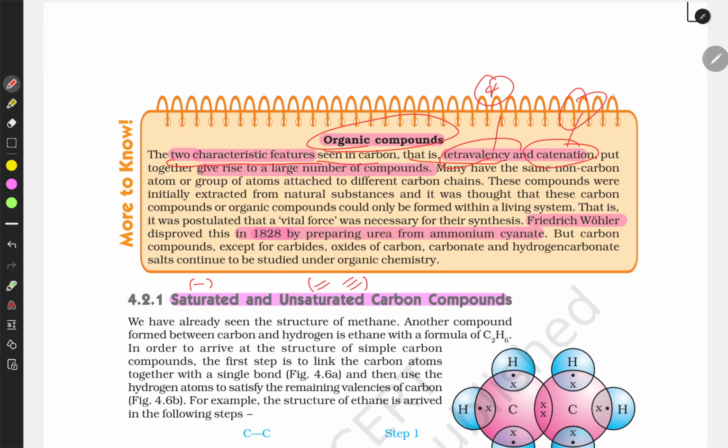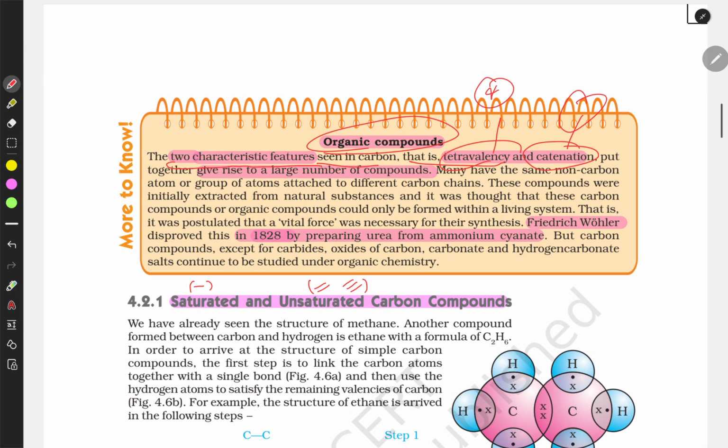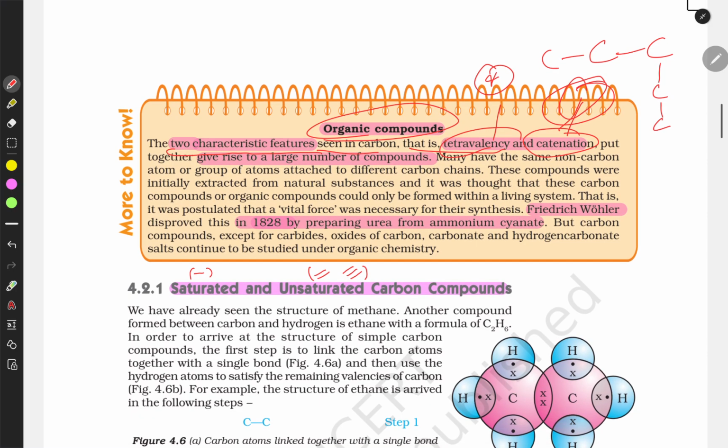Catenation is a property of carbon by which it can form bonds with other atoms and carbons, so that it can form long, large molecules. That gives rise to a large number of compounds.